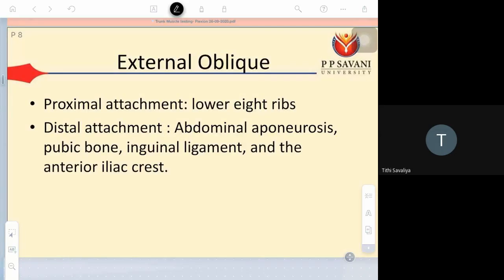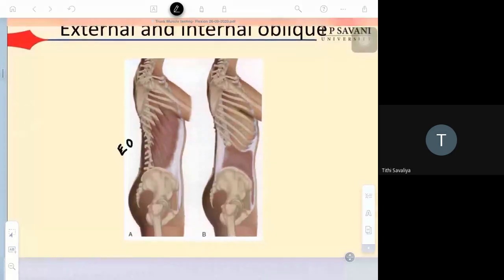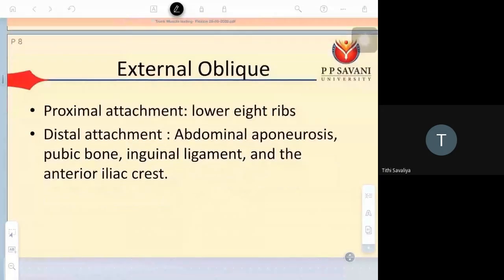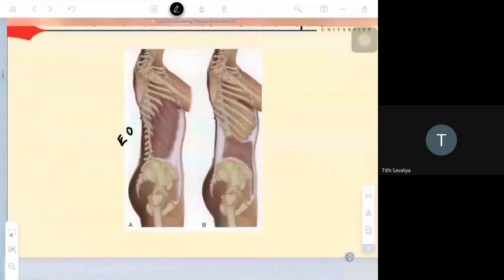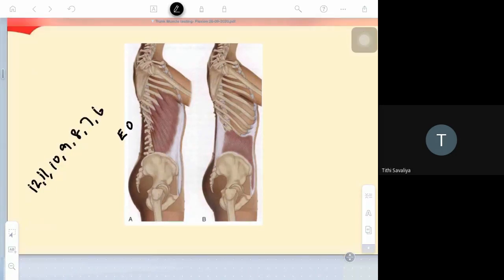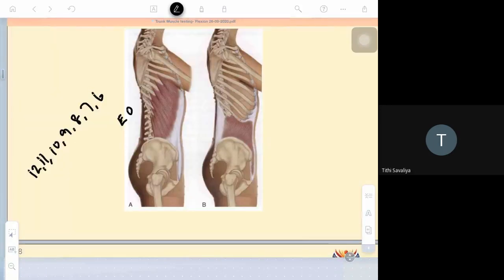External oblique: proximal attachment is lower 8 ribs, from rib 5 to rib 12.